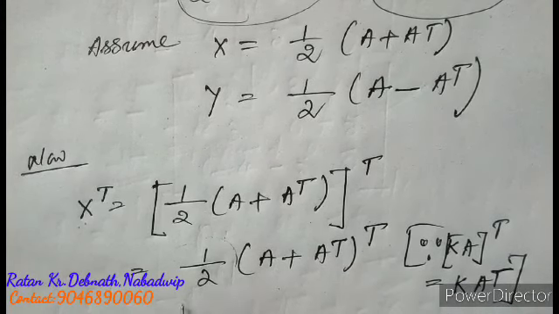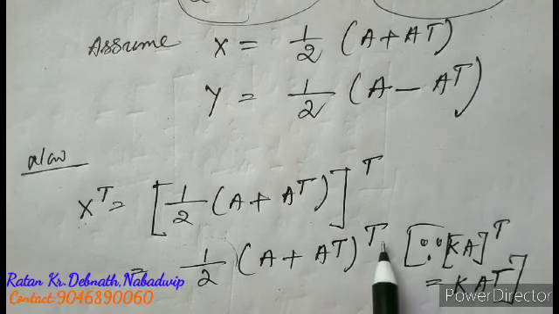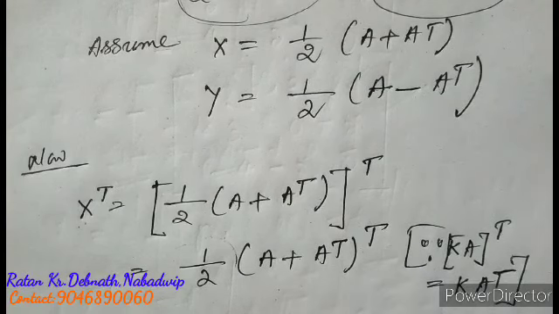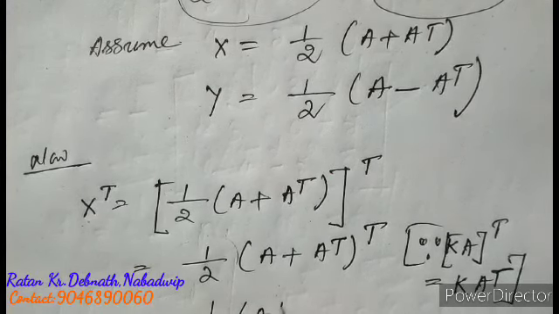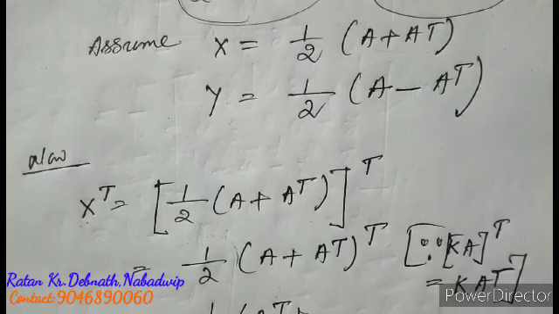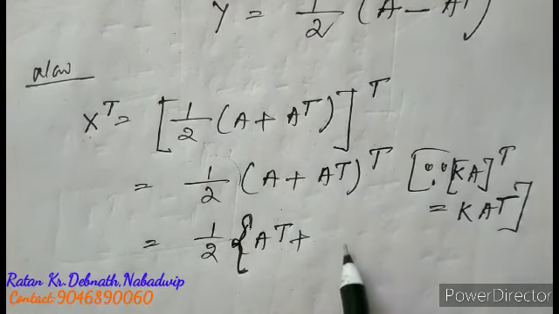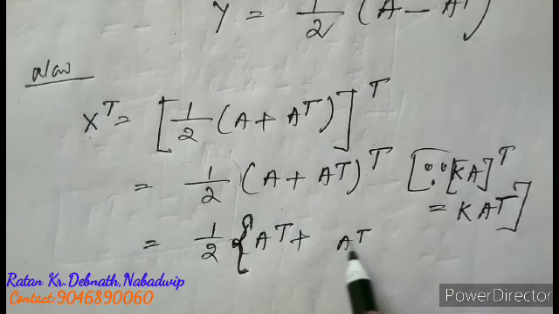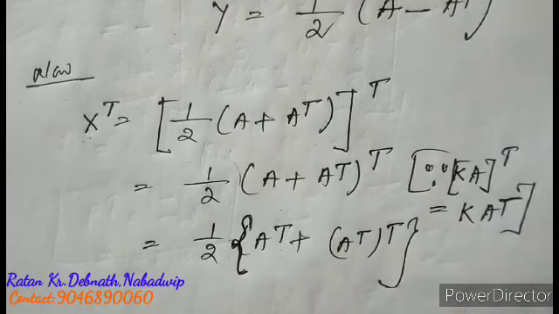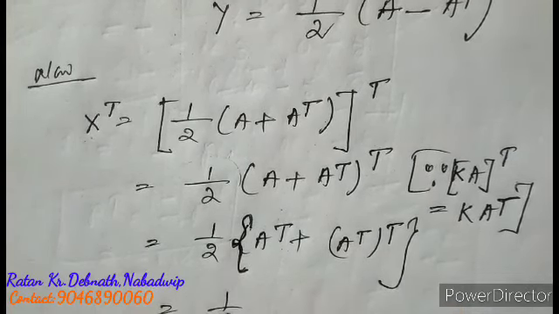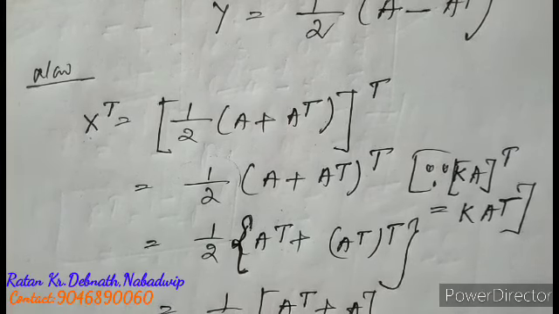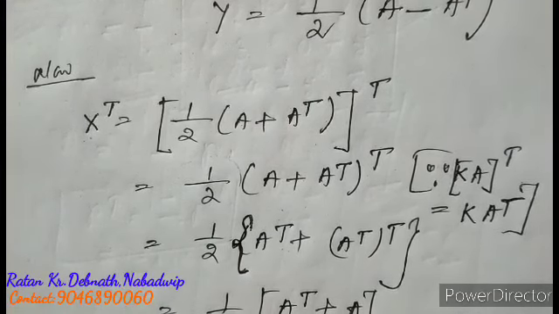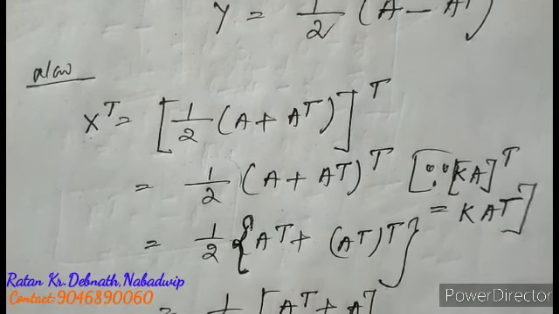Therefore, we can write half of (A plus A transpose) whole transpose, which is half of (A transpose plus transpose of A transpose), which implies half of (A transpose plus A), that is half of (A plus A transpose).